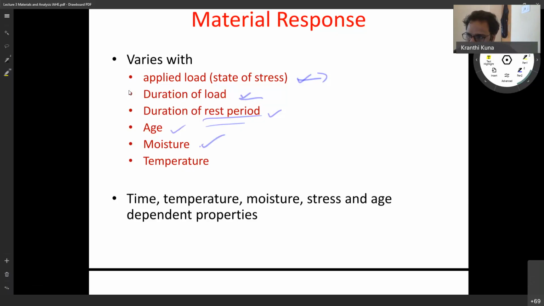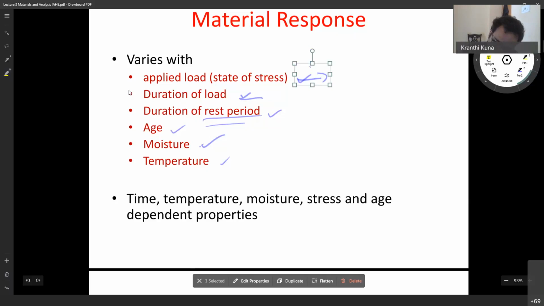If it is during summer, moisture will be less. Okay, what it means is all the materials are subjected to different environmental conditions. Similarly, temperature during daytime, higher temperature, during nights, lower temperatures.